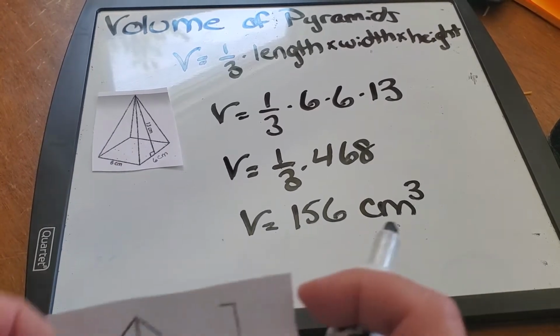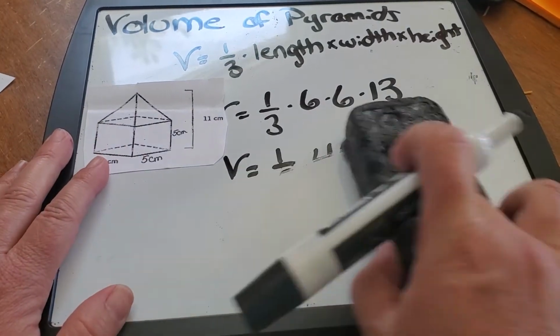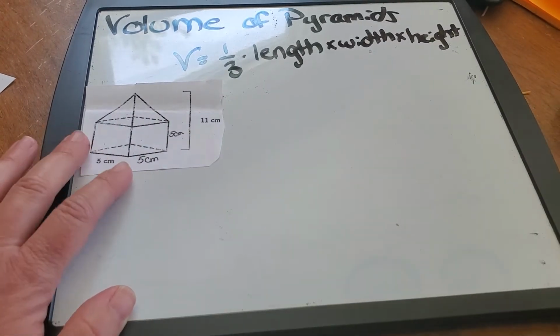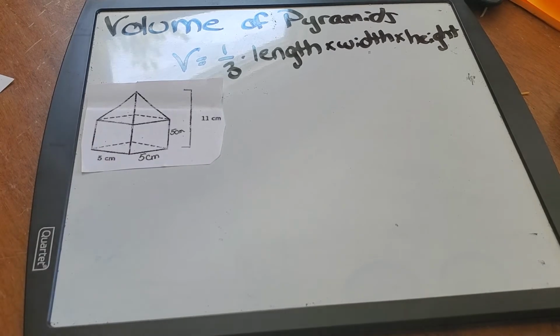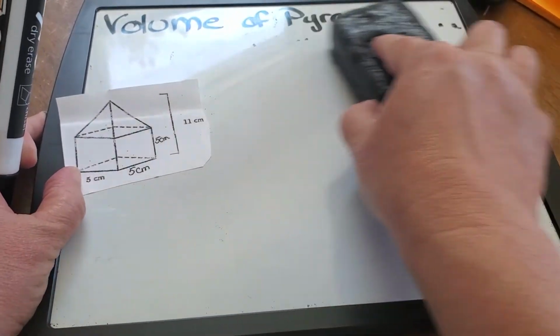Now, what happens if you have a figure like this? That's not a figure we know how to find the volume of, but we could find the volume of the cube on the bottom, the volume of the pyramid on the top, and then hopefully you realize we would just add those together. So let's start with the cube first. Cubes are really easy.